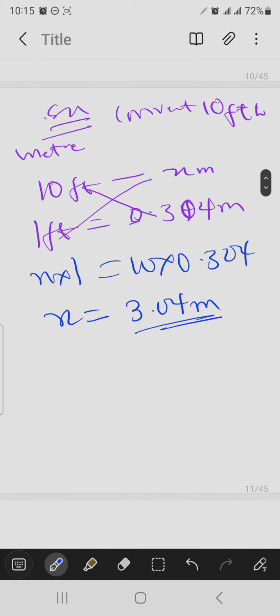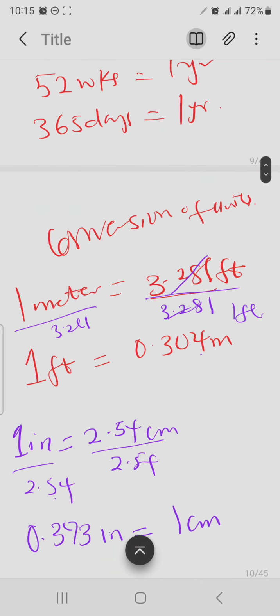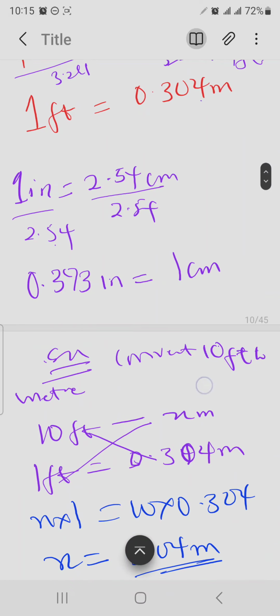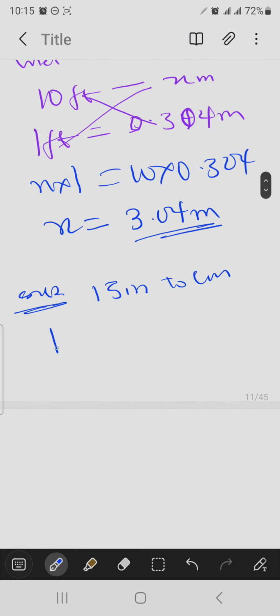The next question, example 2. They said you should convert 15 inches to centimeter. From the definition of inches, we have 1 inch to be 2.54 centimeter.